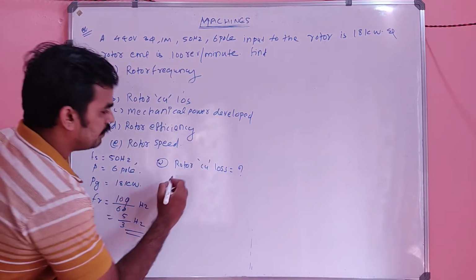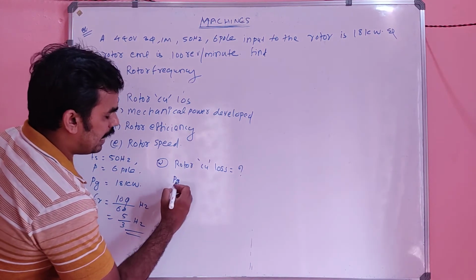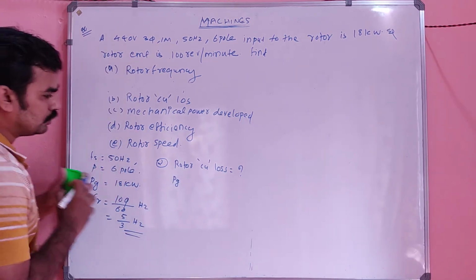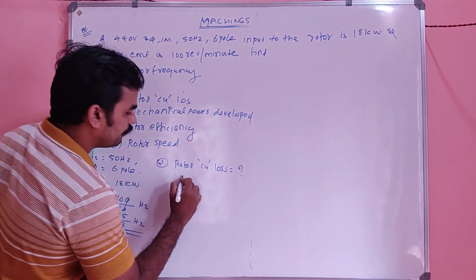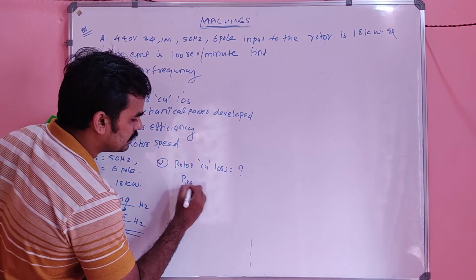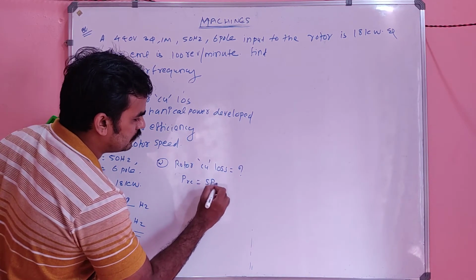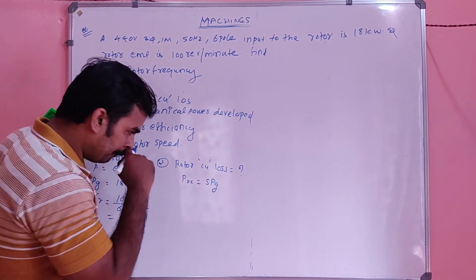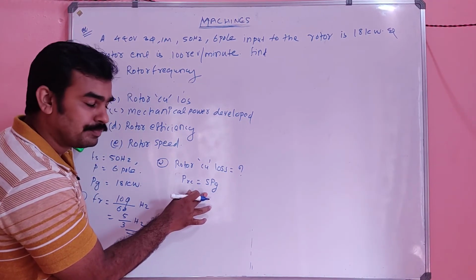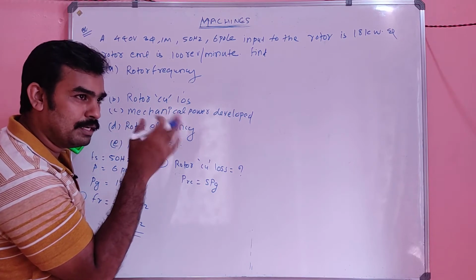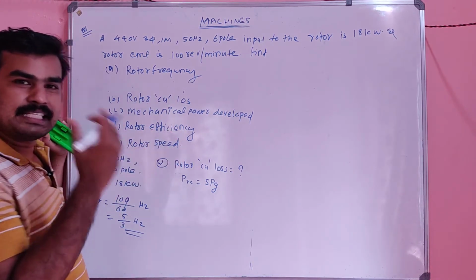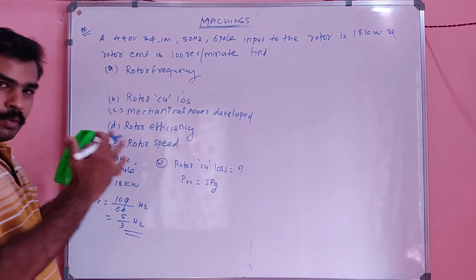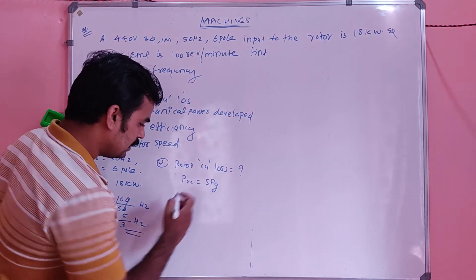The input of the rotor is Pg, and the rotor copper loss PRC is nothing but S into Pg, correct? This is a very useful equation. One more equation, PRC by PMD will be equal to S divided by 1 minus S. That is rarely used, but PRC and Pg is very popularly used.